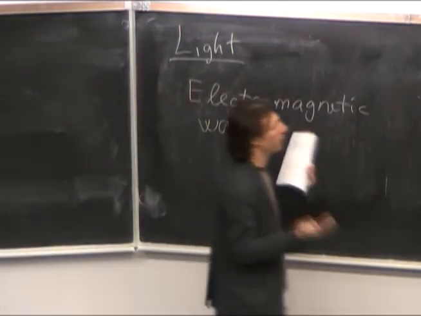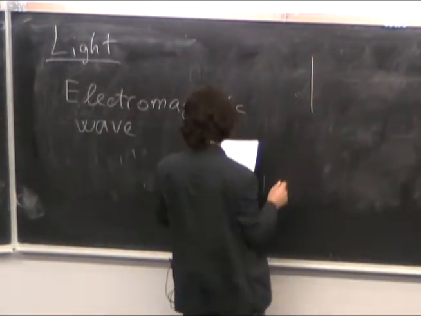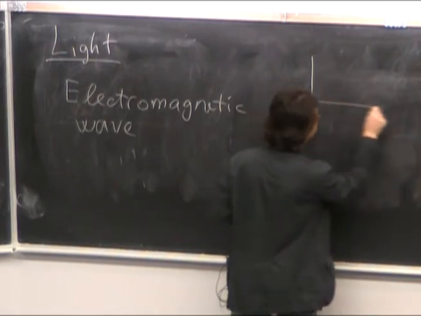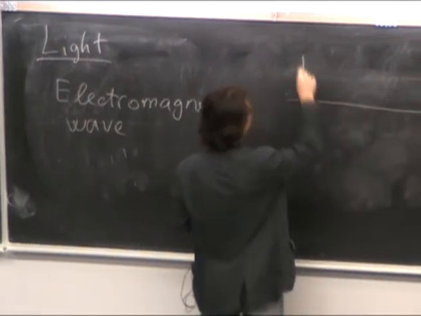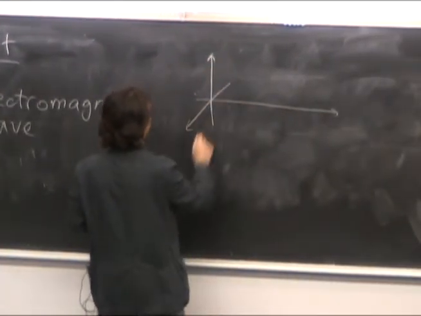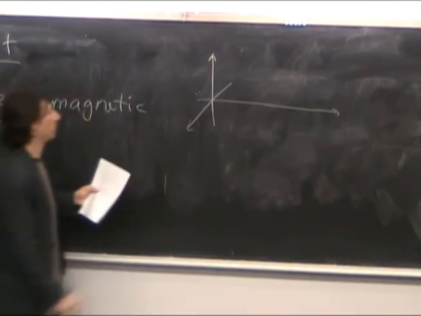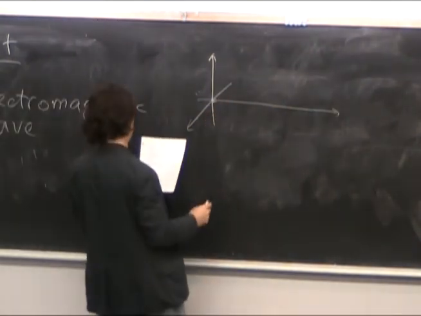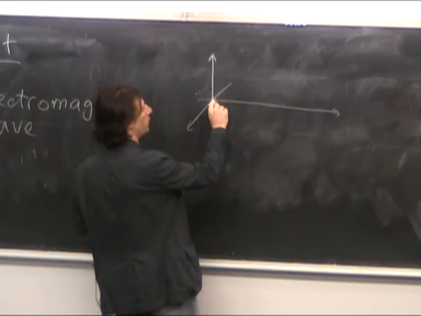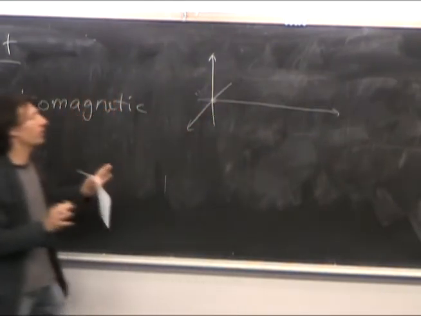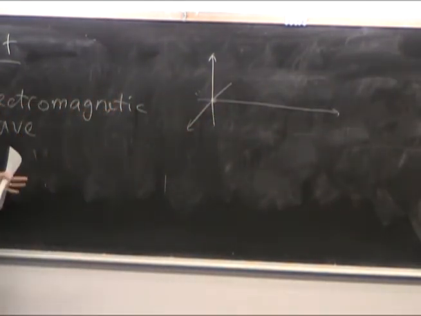So how does this wave work? This is a transverse wave, which can be made to look like this. It's a wave of interchanging electric and magnetic fields.